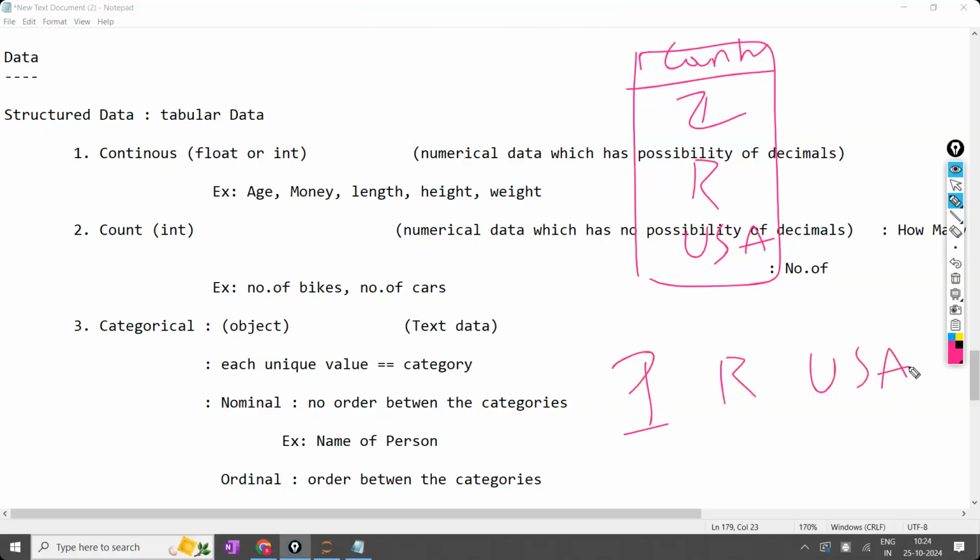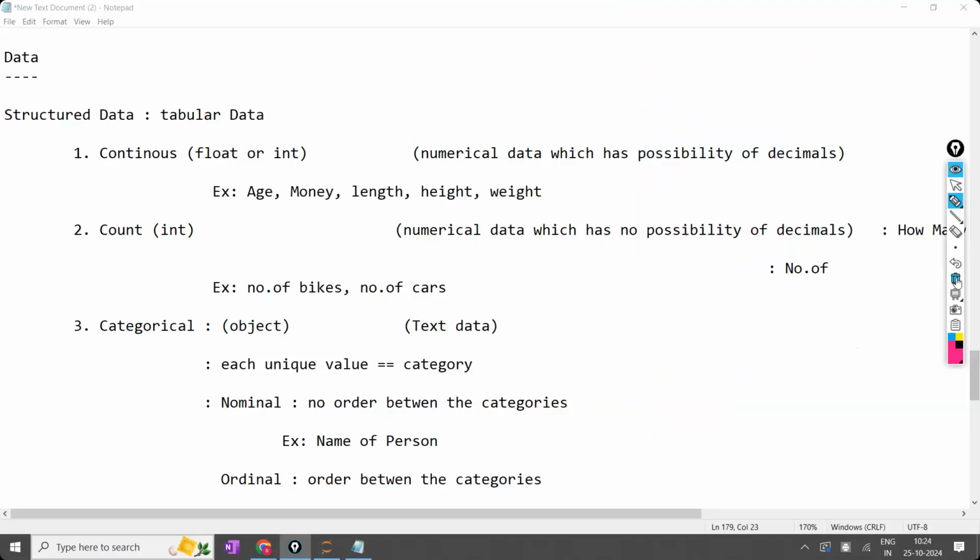Can you apply greater than or less than between these only? Did I mention GDP? Did I mention nuclear weapons? That is not there. Only the country name is there. So any name, person name, country name, city name, any name comes under nominal.